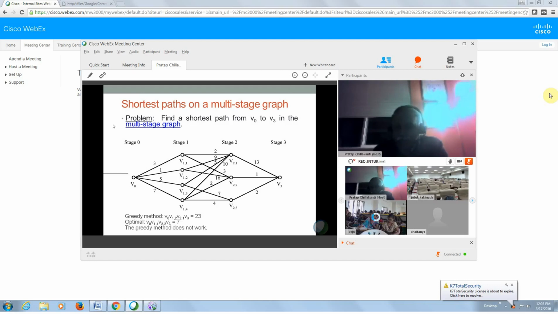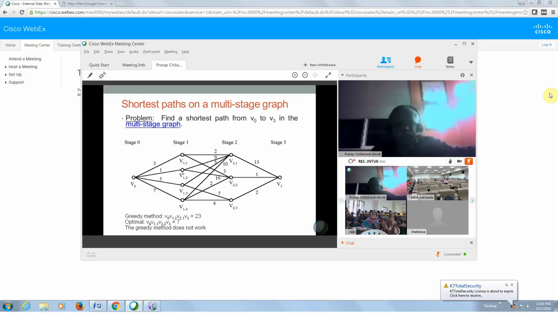Now, if you are applying the greedy method, what does it say? I'm optimizing the path, so you go from V0 to V12. The reason you go to V12 is that it compares 3, 1, 5 and 7.